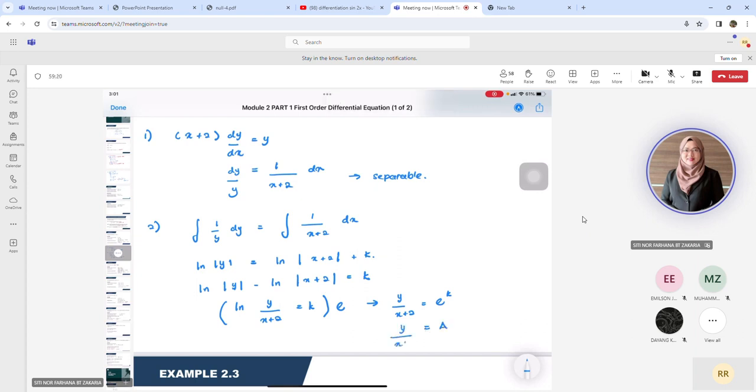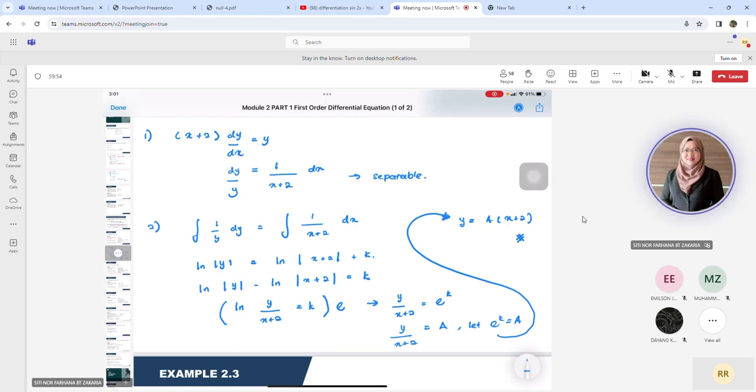Let exponential k equals to a. Then, sorry, not enough space. I bring it up. So we rearrange into a simple, proper equation. We can write as y equals to a times x plus 2. So this is your general solution for that DE.